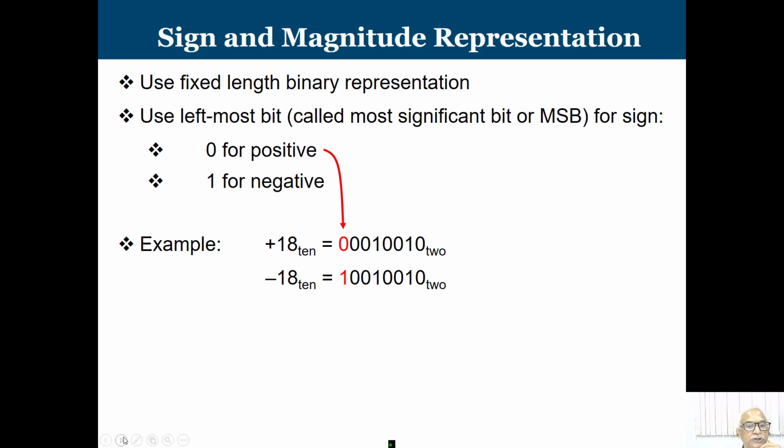If it is 0, it is a positive number; if it is 1, it is a negative number. This is the example: this is minus 18, this is the sign bit, and plus 18 has 0 indicating plus, and the rest is the binary representation of the magnitude 18. So it is called sign magnitude form. One bit is used to represent the sign, and the other bits are used to represent the magnitude.